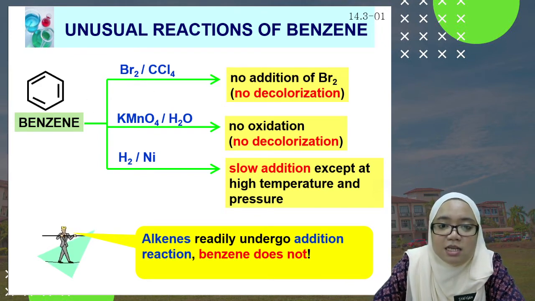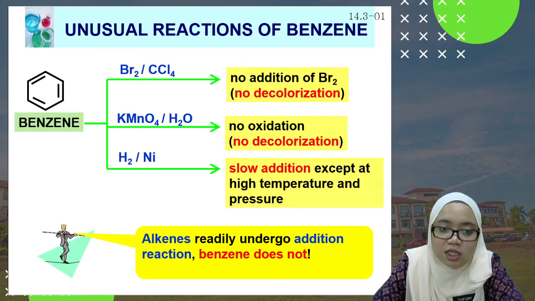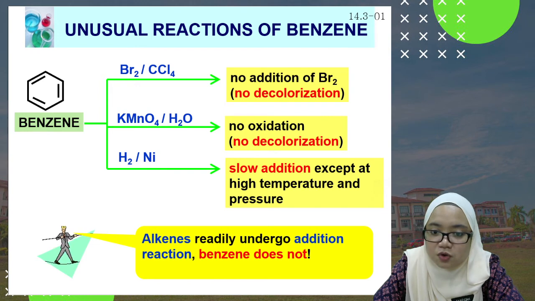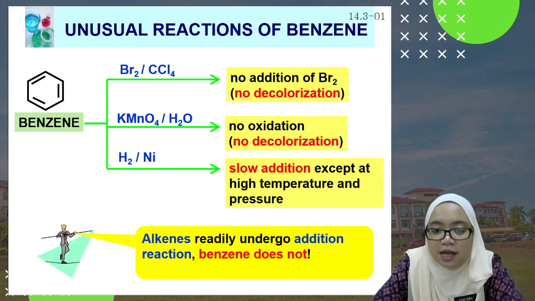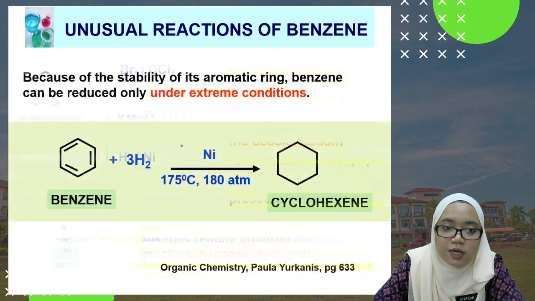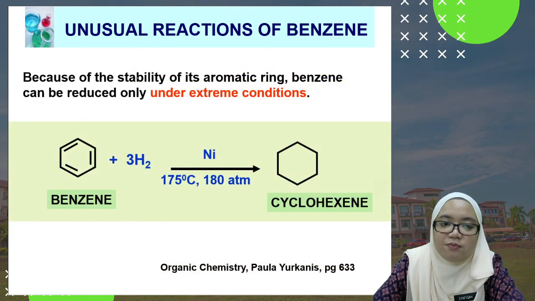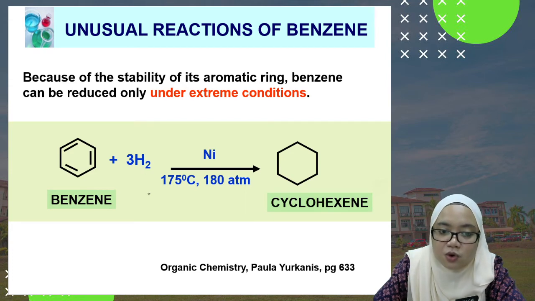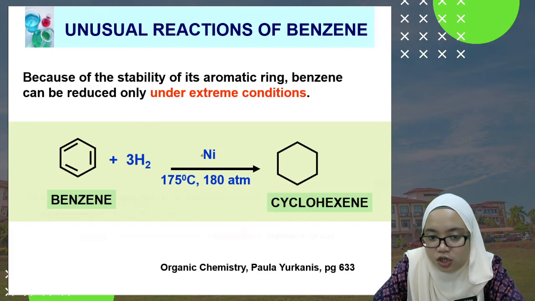Okay, so dekat sini benzene dia tak ada addition, tak ada oxidation dengan potassium permanganate, and dia punya addition of hydrogen ataupun reduction sangatlah slow, kecuali if we use high temperature and pressure. Okay, so kenapa? Disebabkan dia punya stability of its aromatic ring. So benzene ni boleh reduced only under extreme condition. Must be under high pressure as well as high temperature. So dia still boleh undergo addition reaction dengan hydrogen, tapi under extreme condition only.